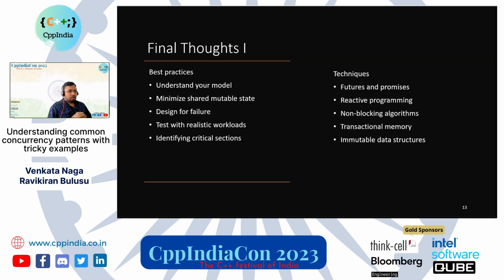Then you should also use non-blocking algorithms in general, and then you should use transactional memory wherever possible. This thing has to be tested. Transactional memory is always about atomicity, so you should be able to really justify whether this model is suiting the requirements and the processor, and it has to be tailor made actually. And then you should also use immutable data structures wherever possible. So these are some techniques.